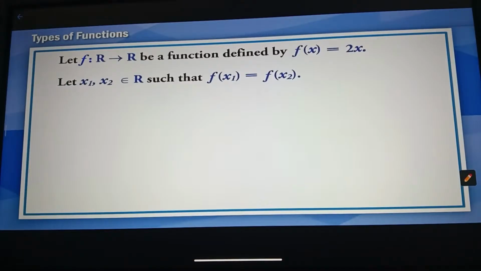Now, f of x is equal to 2x. So, f of x1 is equal to f of x2 implies that 2x1 is equal to 2x2. This gives x1 is equal to x2.